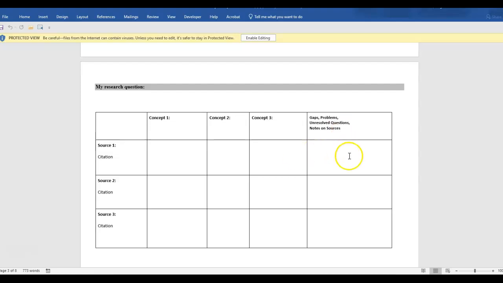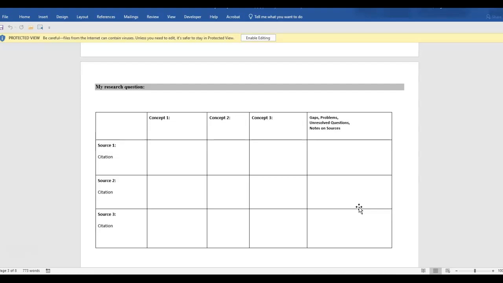Okay, and when you notice if an article says this area still needs further study, mark that down in the category, this column over here, and you'll probably want to address that in the conclusion.